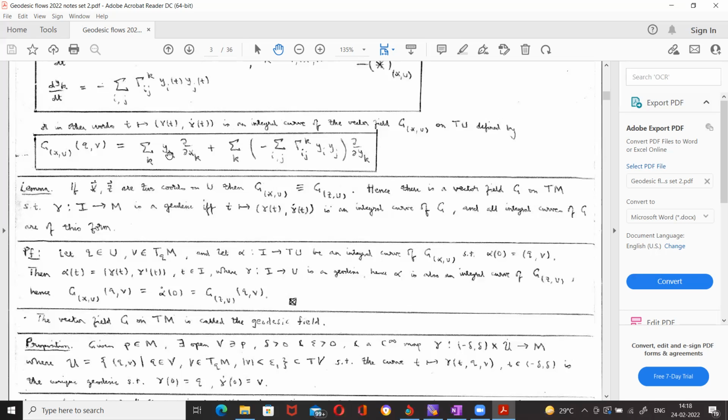And so that means that the tangent vector v is equal to gamma prime, right?